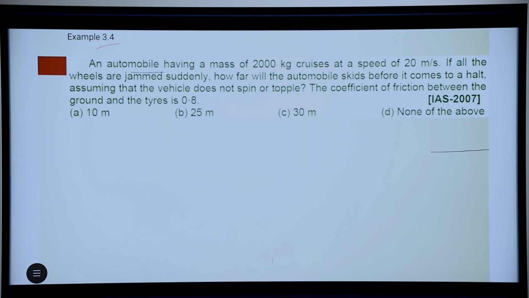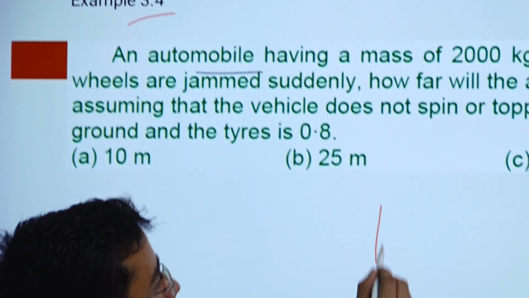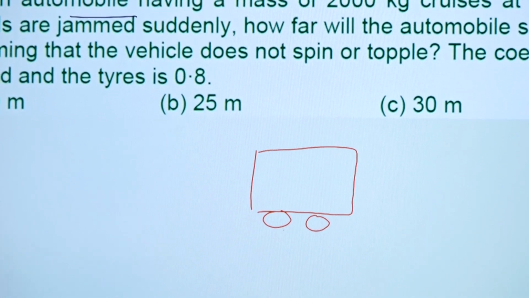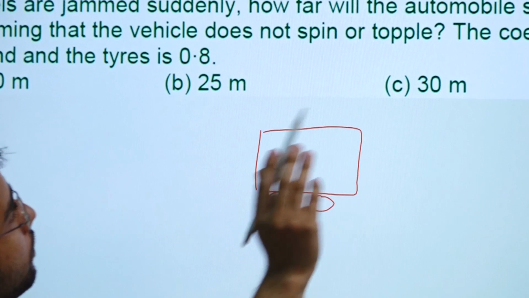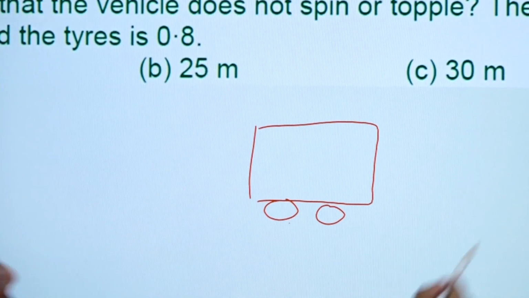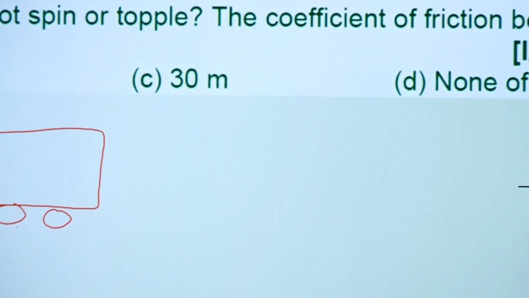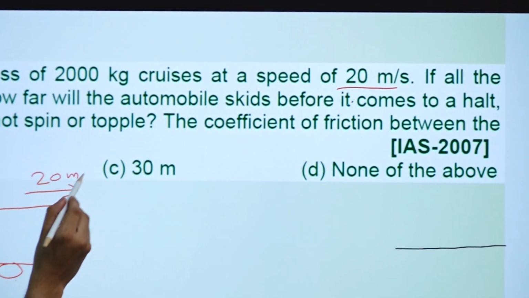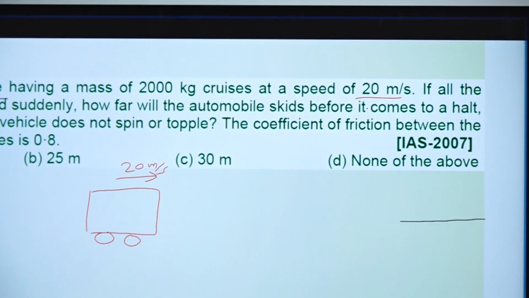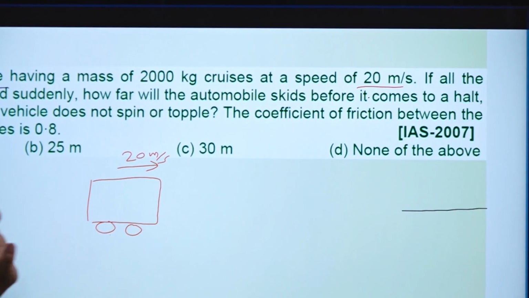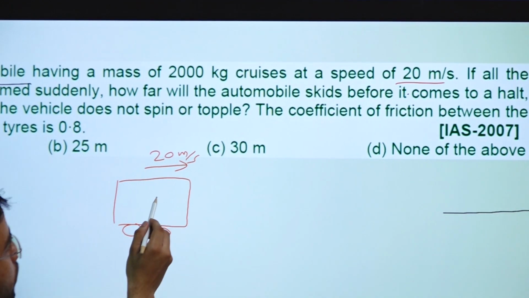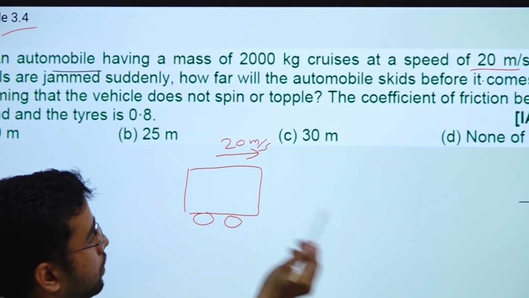So what does it mean? Suppose we have this automobile moving with some velocity, and that is given as 20 meter per second. If all the wheels are jammed, we are applying the brake force. After applying the brake, this automobile will skid to some other position.